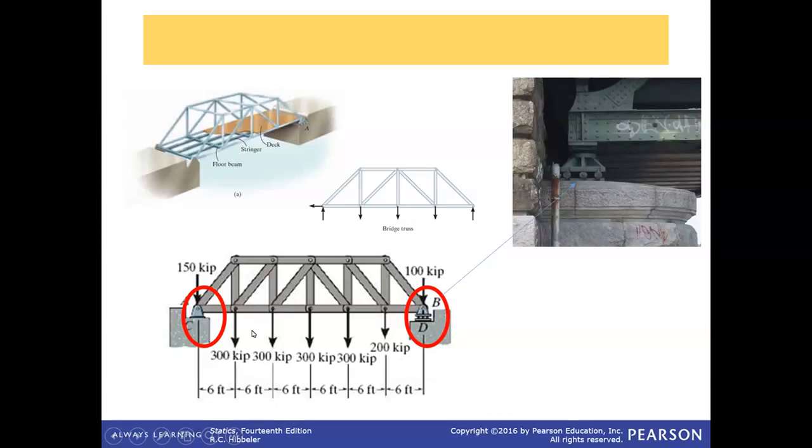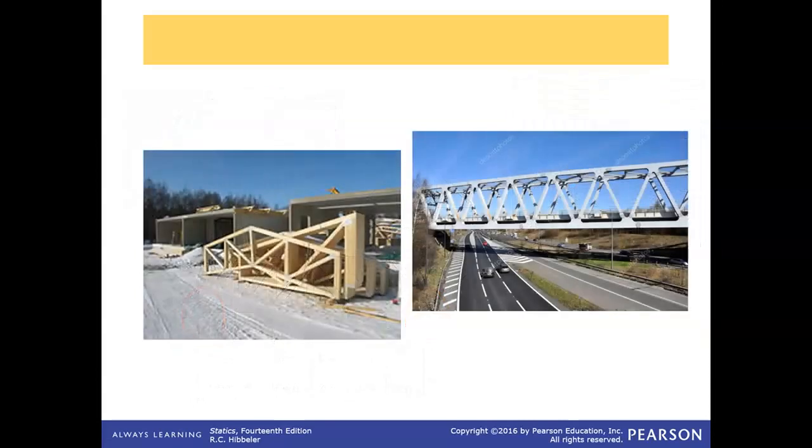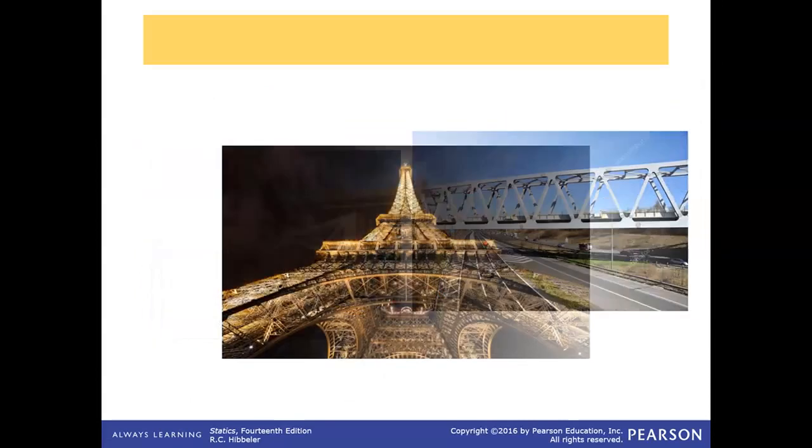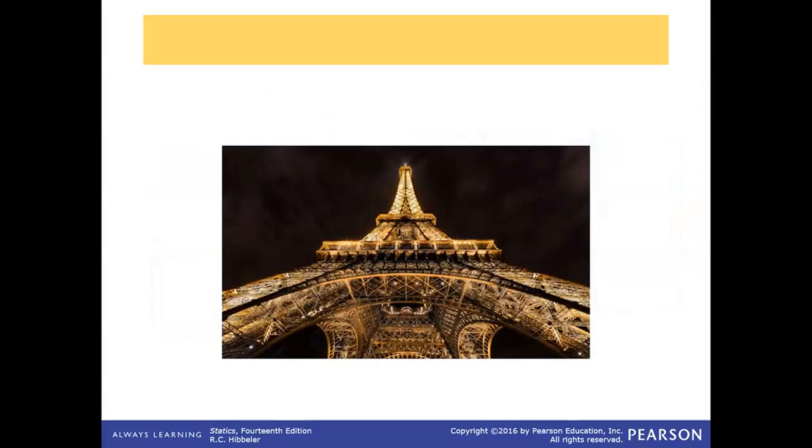Now if we know all this different loading which is applied to the bridge truss, we would like to calculate the forces within each member of the truss as well as at the joint, and we would like to make sure that those joints and the members are within the safe limit of the strength of those material. Another example of truss bridge, even the Eiffel Tower is also a kind of truss.